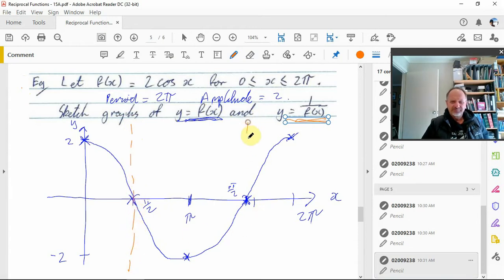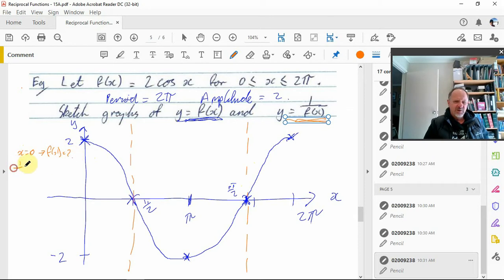Now, here, when x is 0, f(x) is 2. So when x equals 0, f(x) is equal to 2.